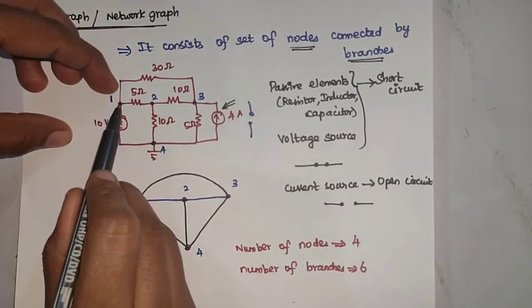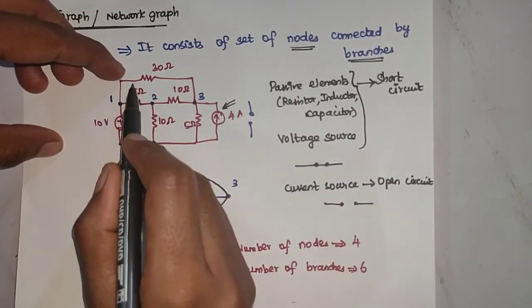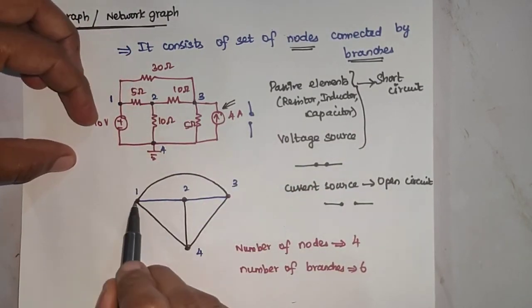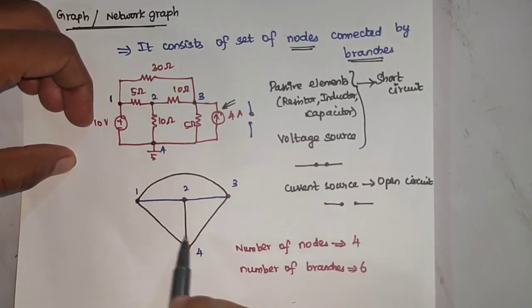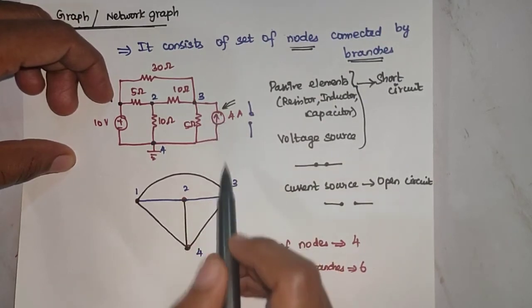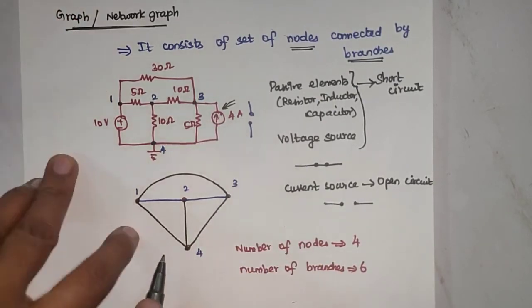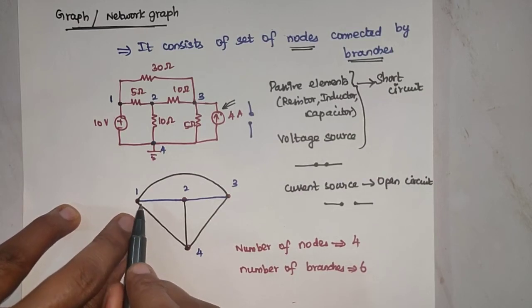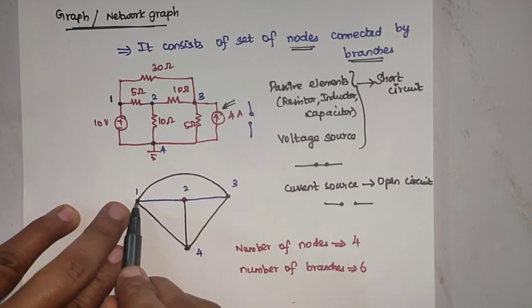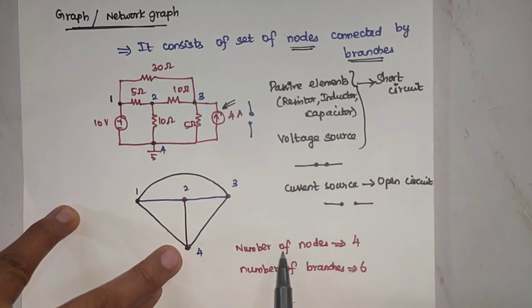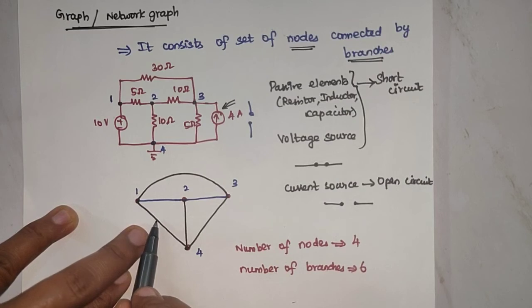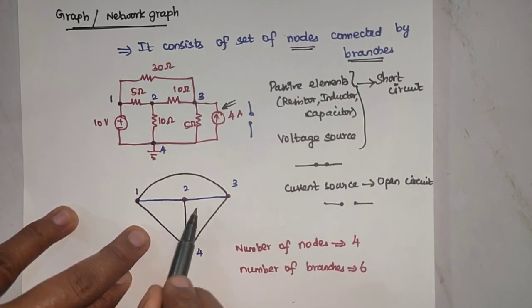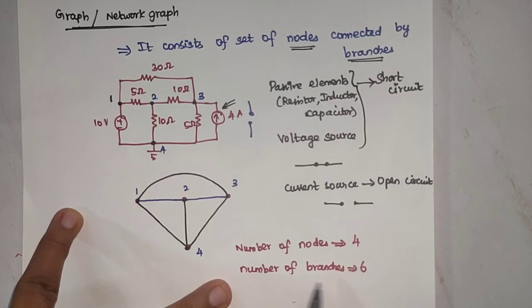First we short circuit this first node to the second node. We have to open circuit this current source. In this circuit, number of nodes 1, 2, 3, 4. Number of nodes is equal to 4. Count the branches. First branch, second branch, third, 4, 5, 6. Number of branches in this circuit is 6.